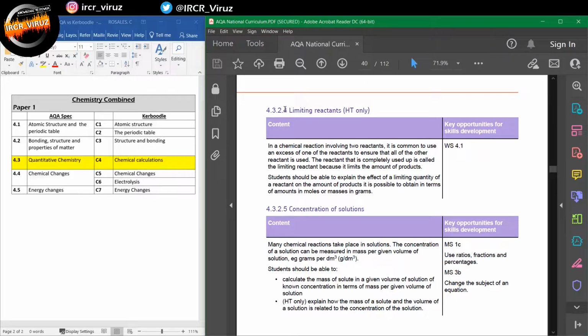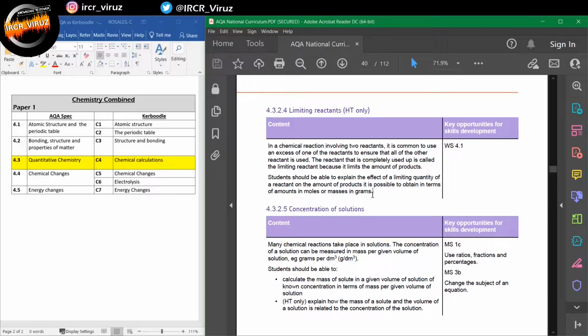Now, when you hear limiting reactants, this is for higher only as well. It says that students should be able to explain the effects of limiting quantities of reactants on the amount of product it is possible to obtain in terms of amounts of moles or masses in grams. Essentially, this is telling us that if you are, for instance, reacting two chemicals and you run out of one of the chemicals, or there is not enough of one of those chemicals, that's going to be the limiting factor.